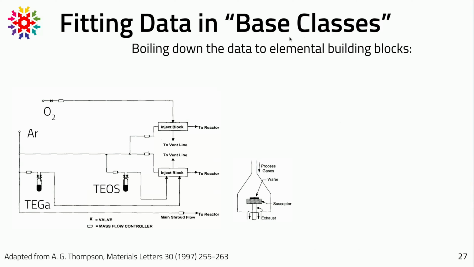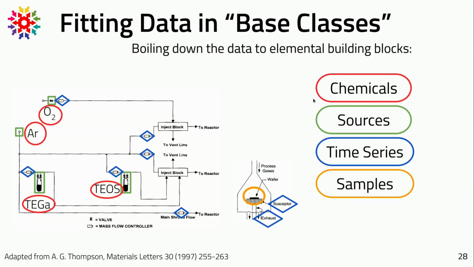Okay, so I will show how we structure our data and how we generate these base classes or base sections. You see here an example, a schema of a vapor deposition instrument, where essentially there are some gas lines that are carrying some precursors into the reaction chamber, where then the deposition takes place.